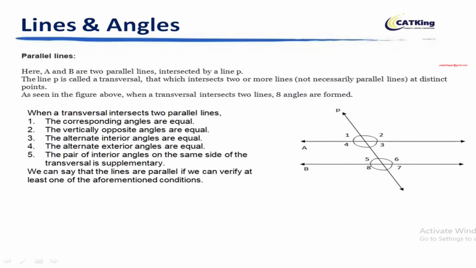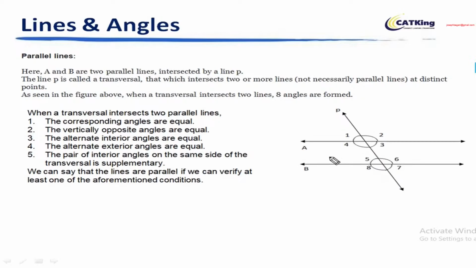Parallel lines. So let's look at some of the properties and some of the angles which form in the case of parallel lines. When two parallel lines, here A and B, are intersected by another line P, which is also called a transversal, 8 angles are formed: 1, 2, 3, 4, 5, 6, 7 and 8.